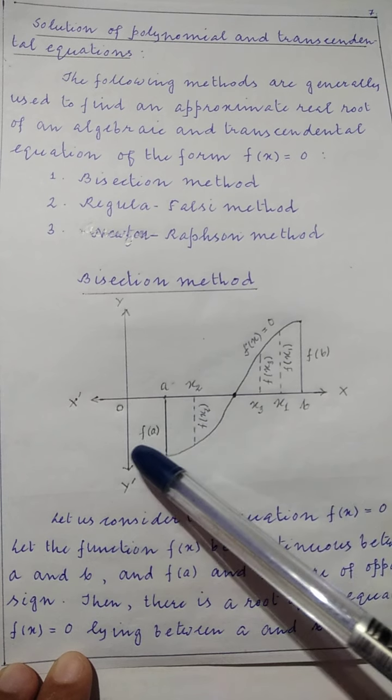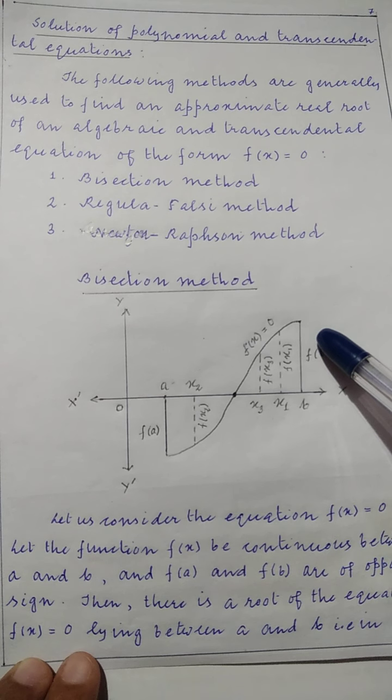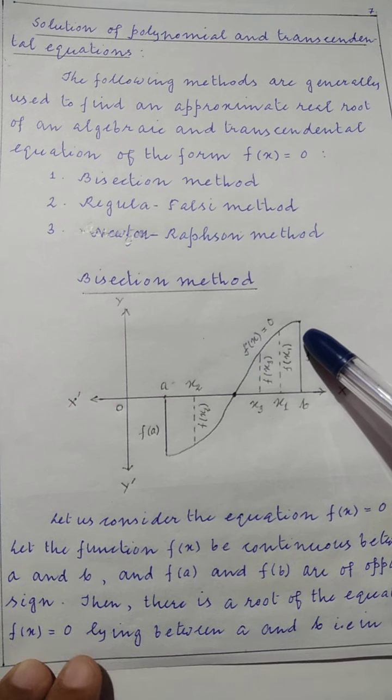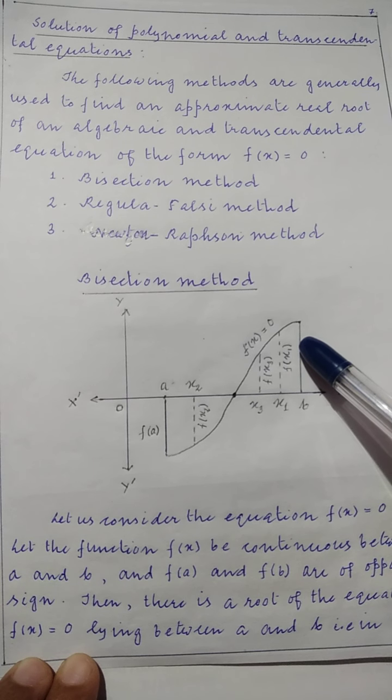So you have to remember, if f of a and f of b are of opposite signs, then the equation may have an odd number of roots. That means it may have one root, or 3 roots, 5 roots.